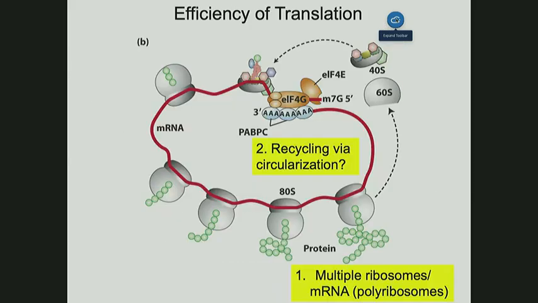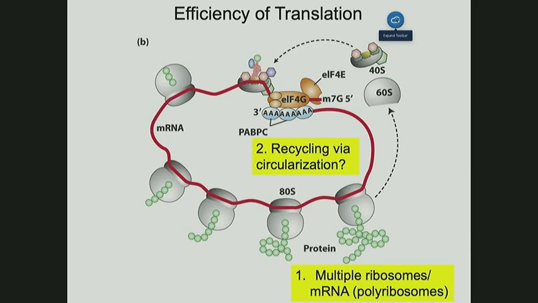The last thing I want to mention is two features of translation that are thought to make it more efficient. The first is that you can have multiple ribosomes translating the same messenger RNA. We call this a polyribosome, or sometimes polysome for short.